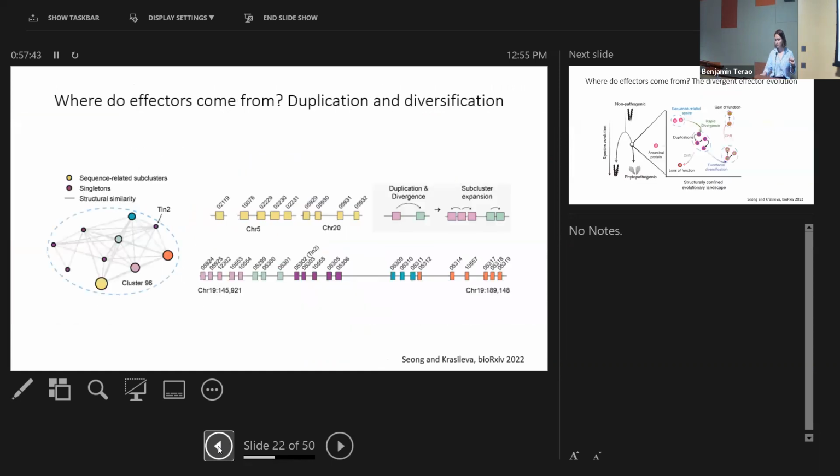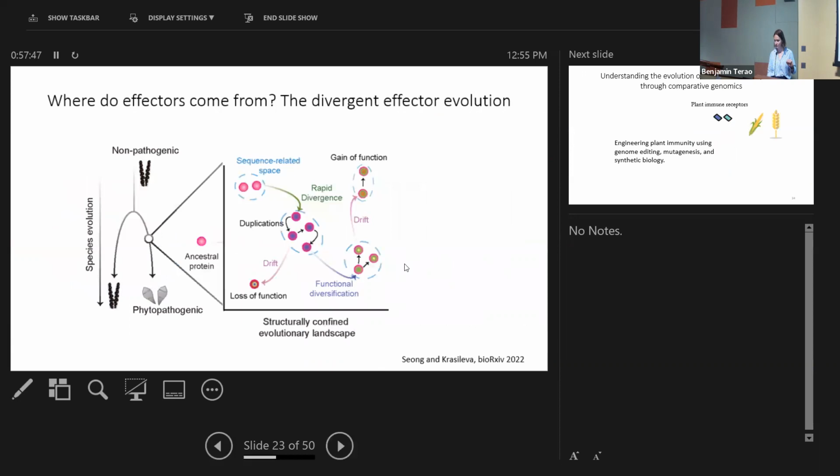Reviewers asked us to do selection pressure analysis on different clusters. What we see is that the residues that hold the fold are under negative selection, and the residues on the surface are under either neutral or positive selection. So within the protein, there's this combination of selection pressures.